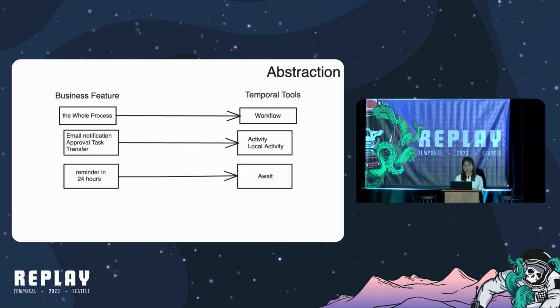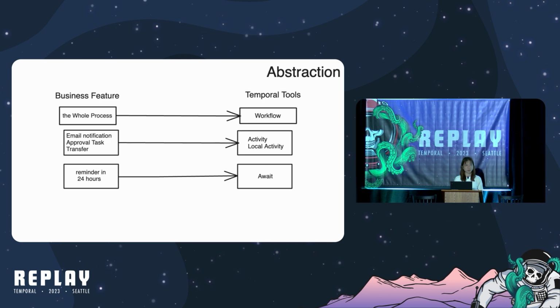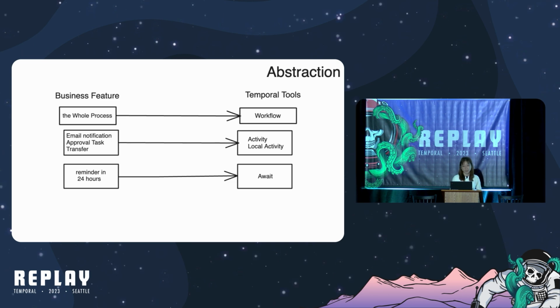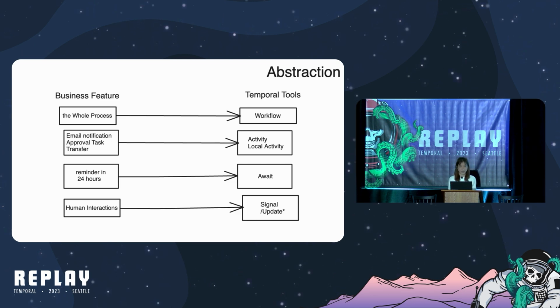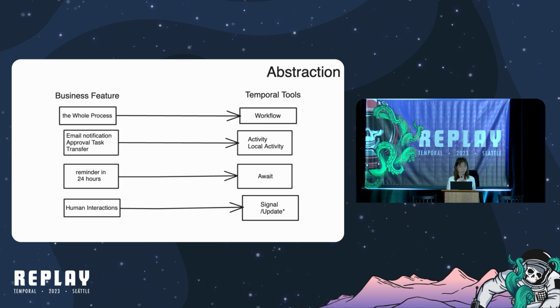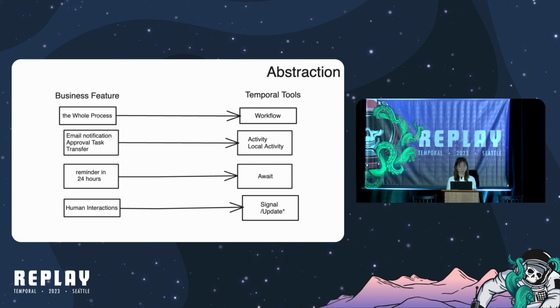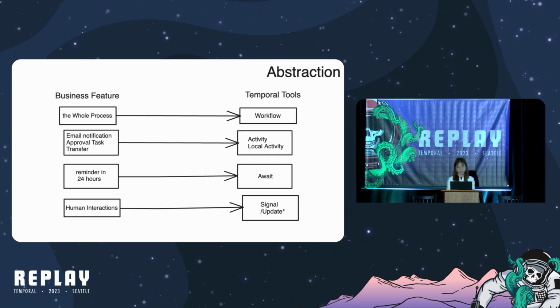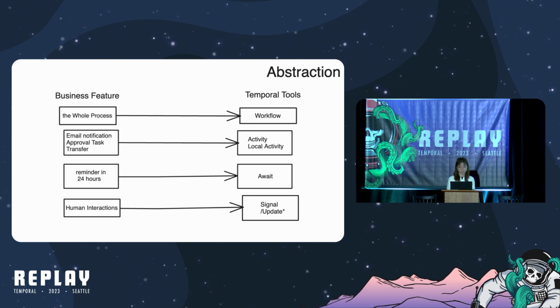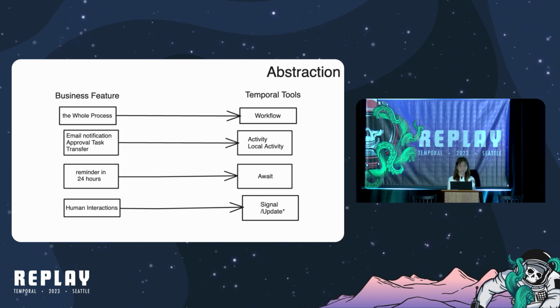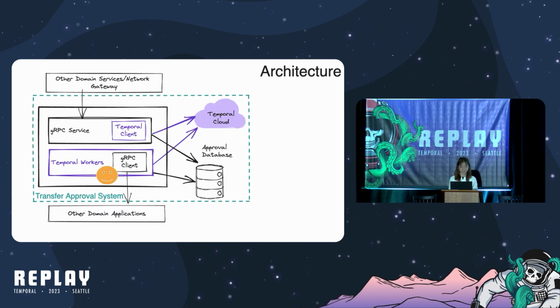And for the email reminder, we have everyone's favorite, long wait. And finally, for the human interaction, we have signals to send managerial approvals from external clients. So far, everything looks very simple, right?